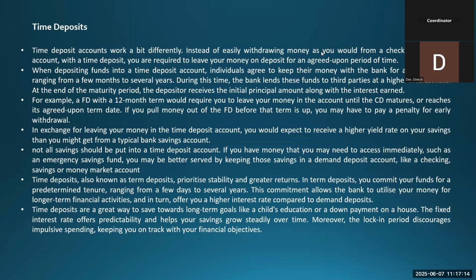So like that, there are several slabs. Read 18 months to 2 years: 6.85 percentage, 7.35 percentage. Then 2 years, 1 day to 5 years: 6.75 percentage to 7.25 percentage. Now see, the interest rate keeps going up till 2 years.